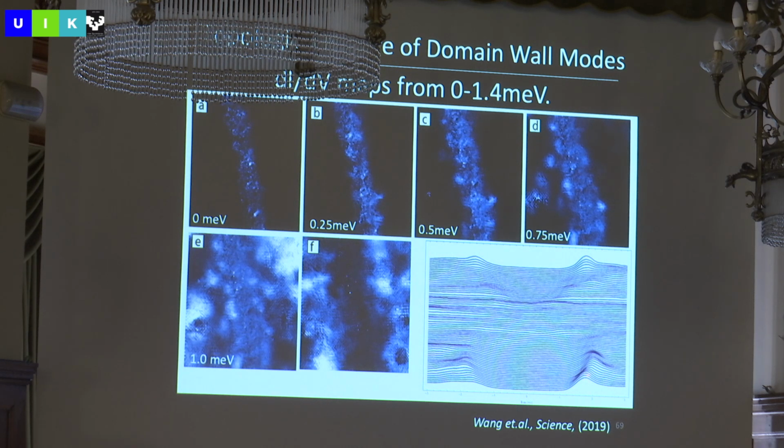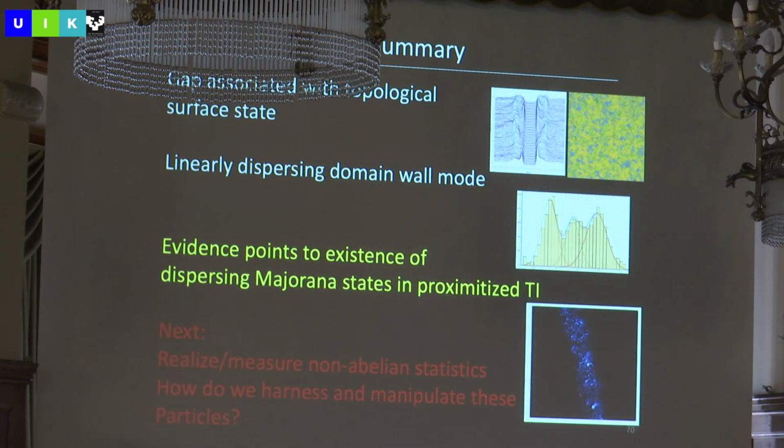Here's the coherence peak at larger than 1. It's pretty broad. At 1 millivolt right here, it's sort of completely spanned the gap. And so this is expected for topological states. As you increase the energy, as you get closer and closer to the band edge, the spatial extent of the state should increase and eventually completely span the gap.